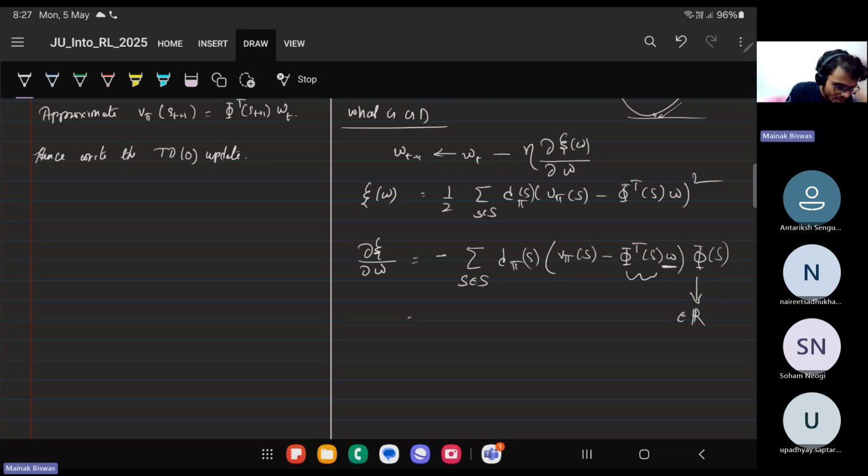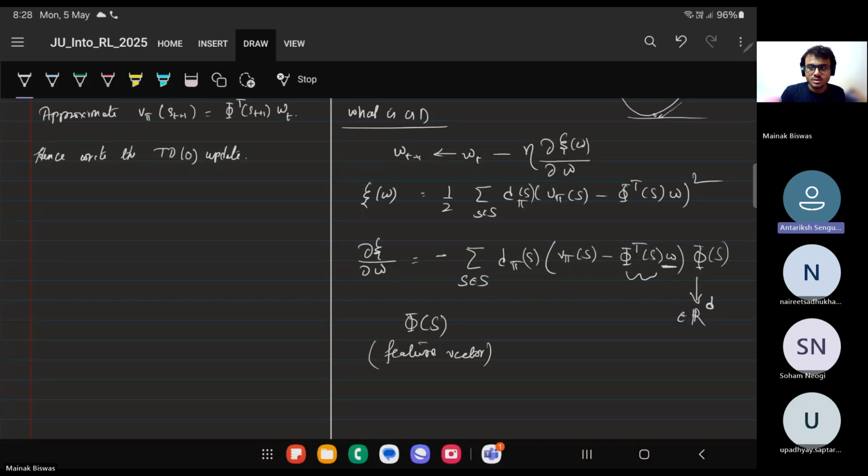Phi of S is a feature vector, right? It's one vector just for one state. So it's D-dimensional, 1 cross D or D cross 1.